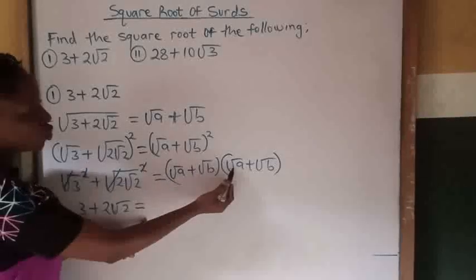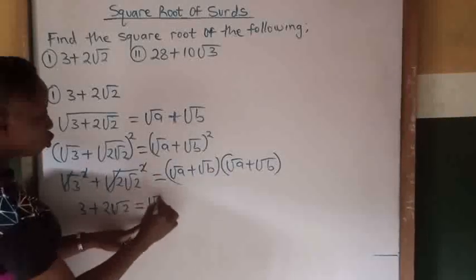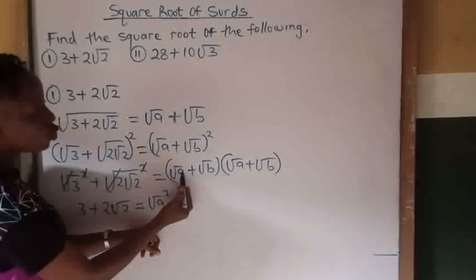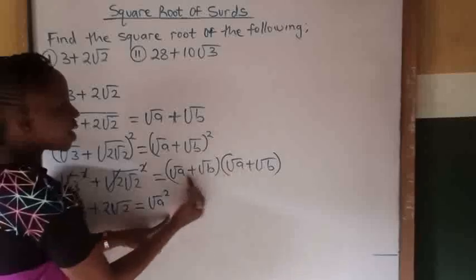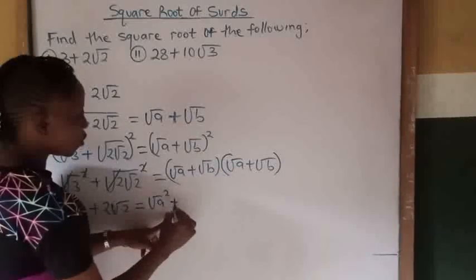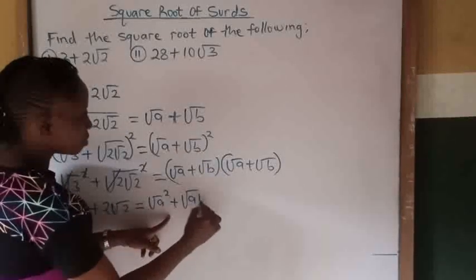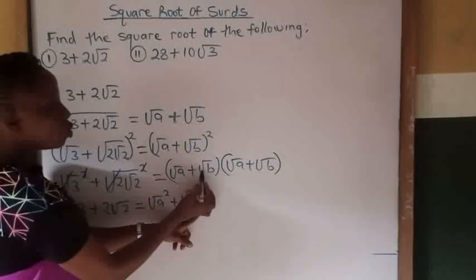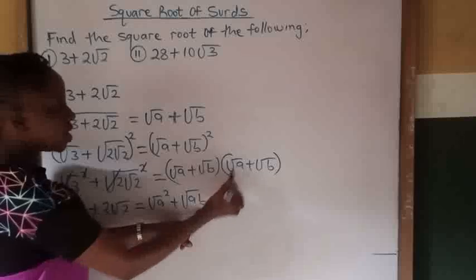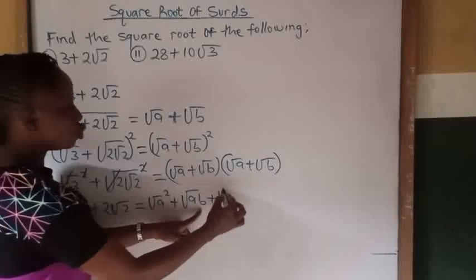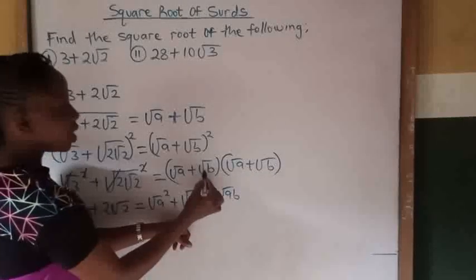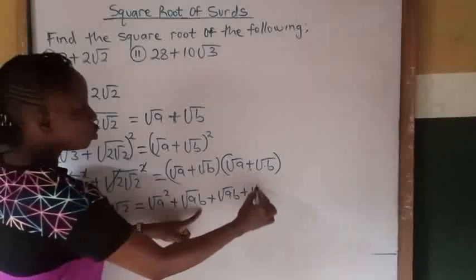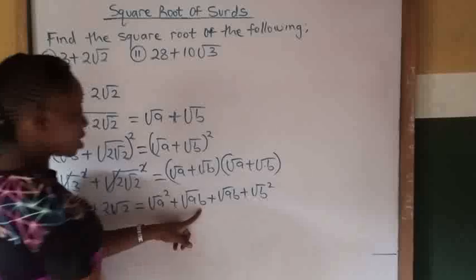Root A times root A will give us root A raised to power 2, root A square. Then root A times root B, that's A times B, will give us root AB. Then let's use the second term to open the second bracket. Root B times root A will give us root AB. Then root B times root B will give us plus root B raised to power 2.